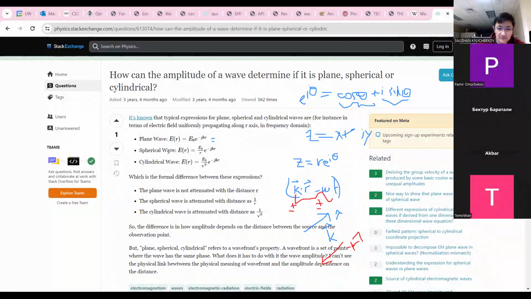And for spherical waves, its amplitude diminishes in terms of r, from where it comes from. Intensity, like intensity.